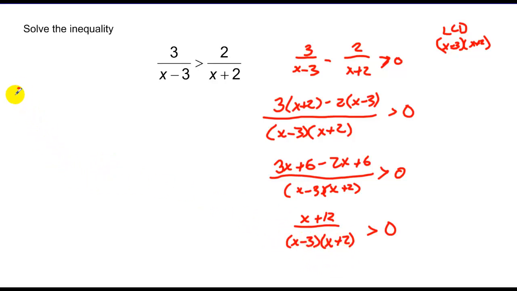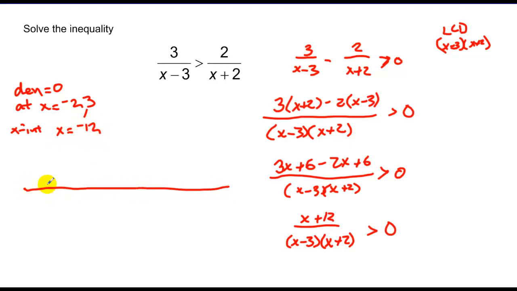The denominator equals 0 at x equaling negative 2 and 3, and the x-intercept ends up being negative 12. So what I'll do now is set up my number line looking at negative 12, negative 2, and positive 3, and then test my intervals around these numbers.